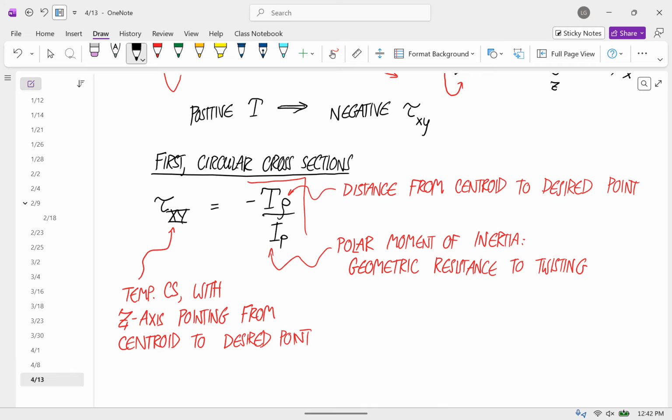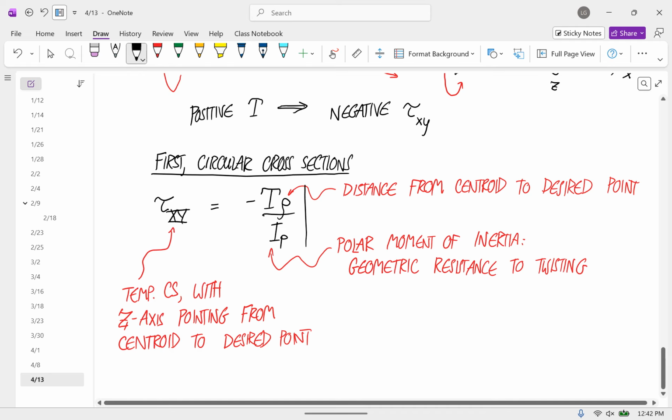Okay, so there's our definition when we have a round cross-section.